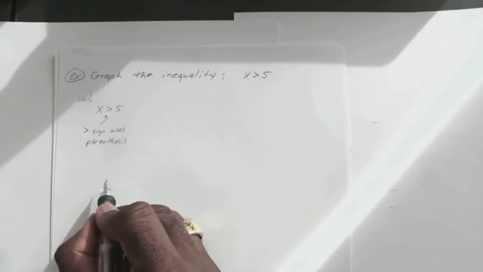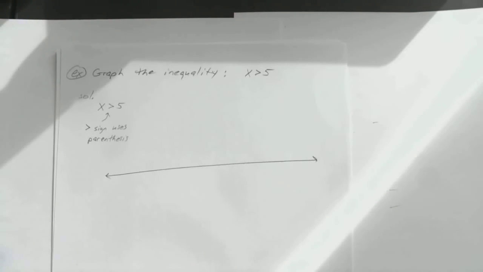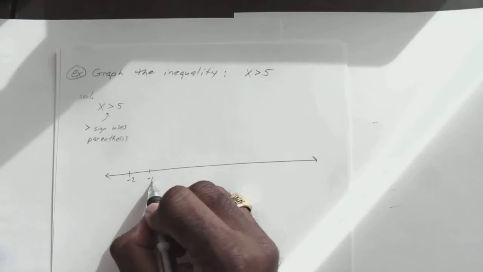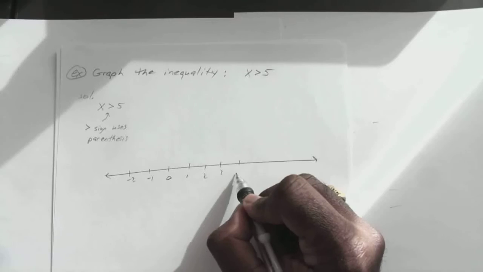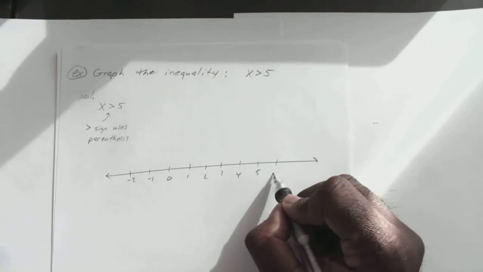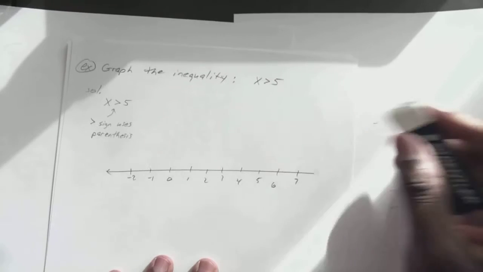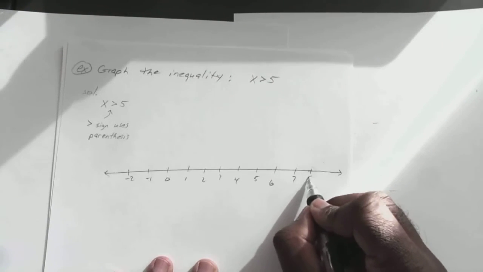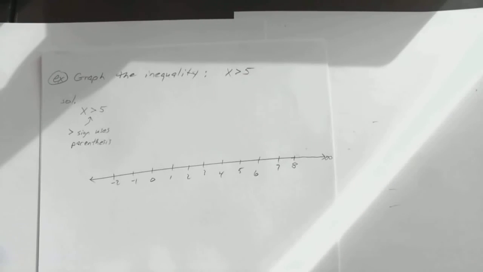Okay, so that means if we draw out our number line, let's say here I'll go to -2, -1, 0, 1, 2, 3, 4, 5, 6, 7, and I'll take it one more and keep on going. 8, and it goes all the way to infinity. Just keeps on going and going.